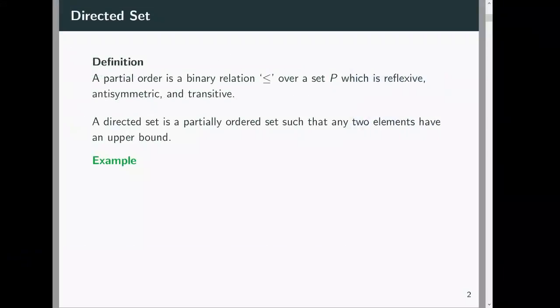So it's a definition: a directed set is a partial order with some properties, a partially ordered set such that any two elements have an upper bound. And some examples, the examples we are interested in this talk: for example, omega, the set of natural numbers, and omega to the omega, which is also isomorphic to the irrationals.